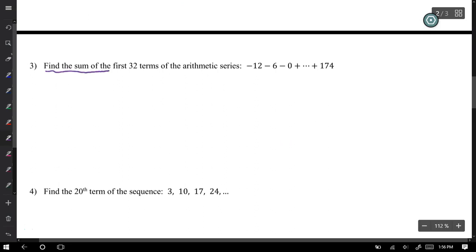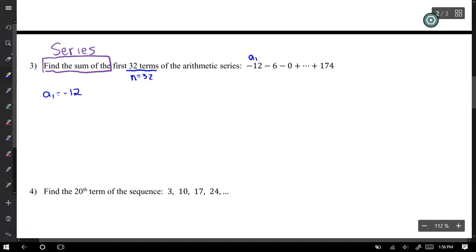Find the sum. So for me, that's a little interesting because now I want to find the sum. That tells me I am dealing with a series. Of the first 32 terms, so that's giving me my n. That's not bad. So what else do I know? I know a1 is negative 12.